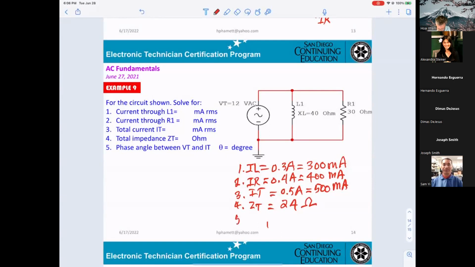Last one, angle. Okay, it will be IL 0.3 divided by IR 0.4. Negative 36.87 degrees. Once again, negative 36.87.